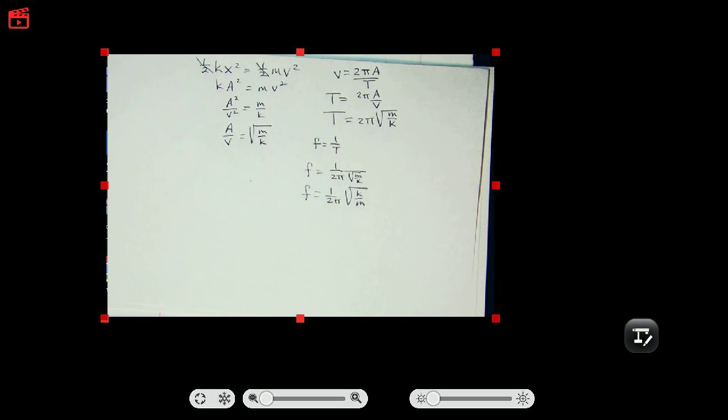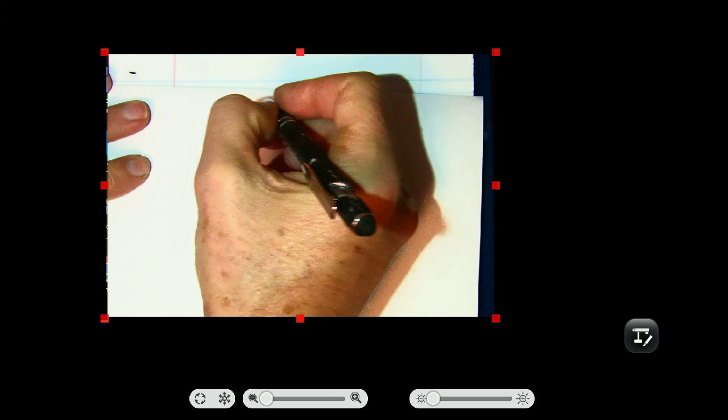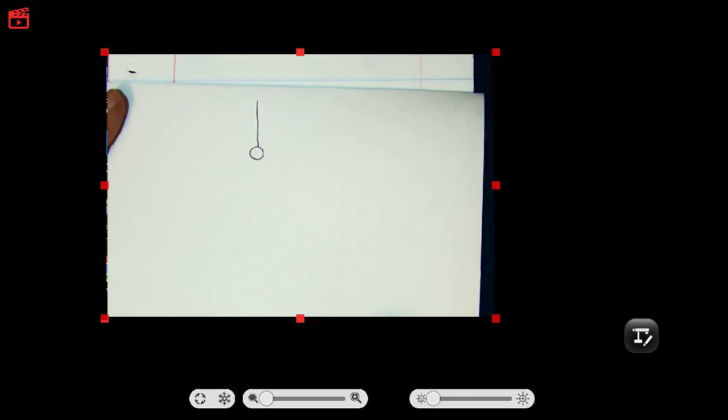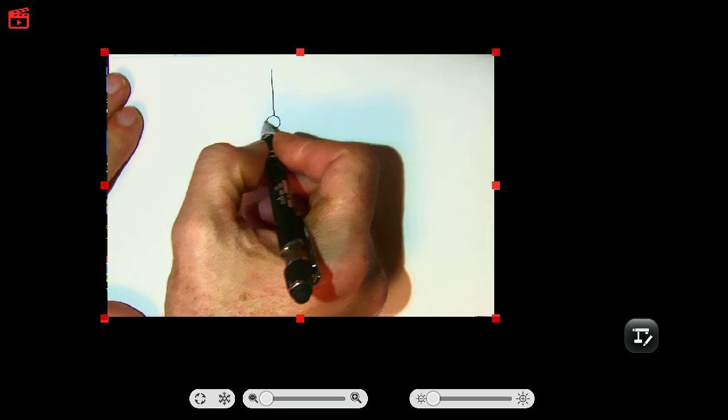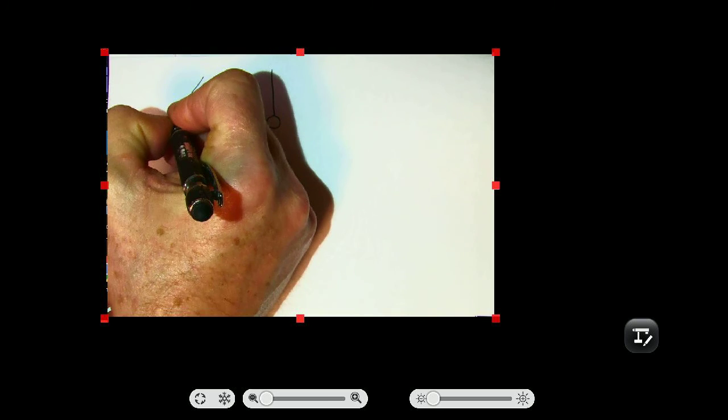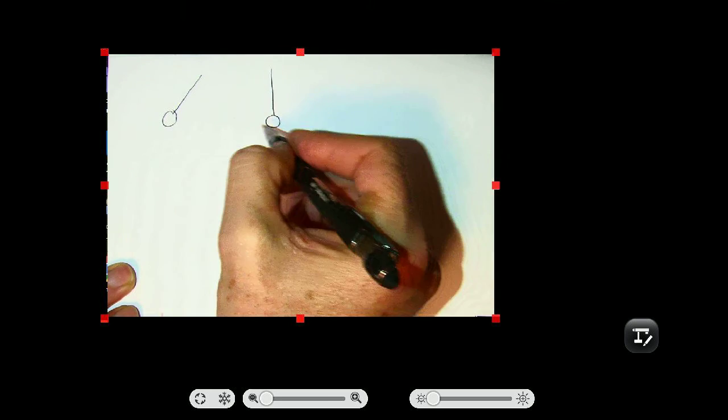The other thing that they look at with simple harmonic motion are pendulums. Everybody remember what a pendulum is? A pendulum is simply a string with some sort of mass attached, typically a ball or a bob. I pull this back to this position, I release it.